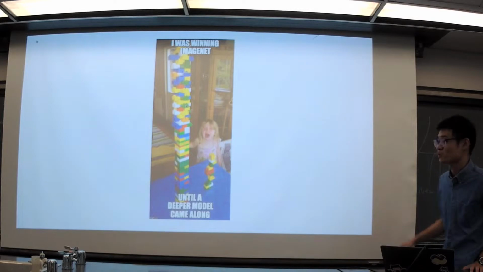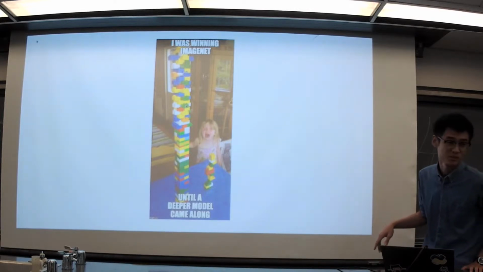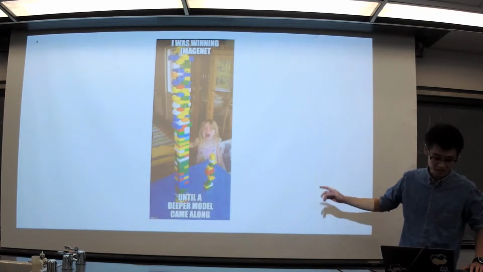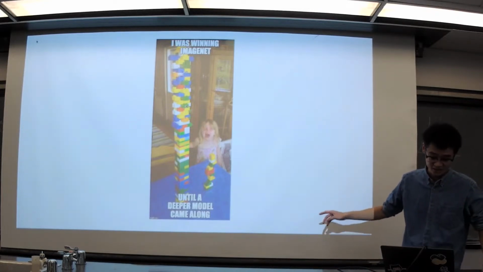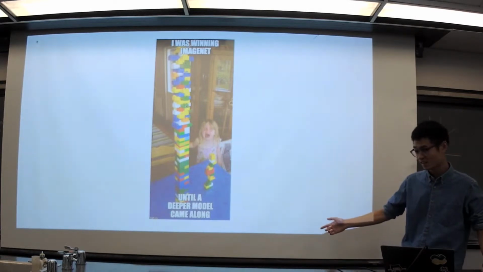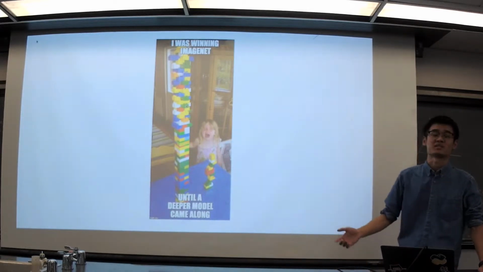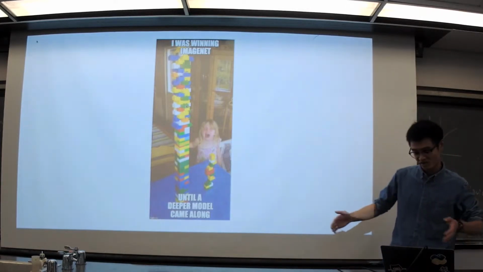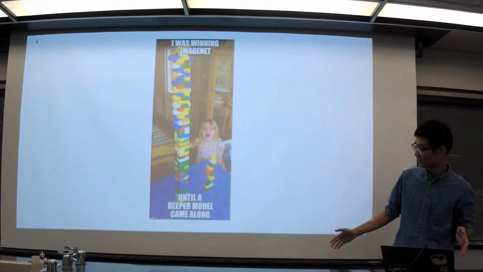If you know the deep learning history of 2015, 2016, you will notice that at that time, the deeper network got the better performance. I remember in 2016 and 2017, everyone was making their network bigger and bigger.